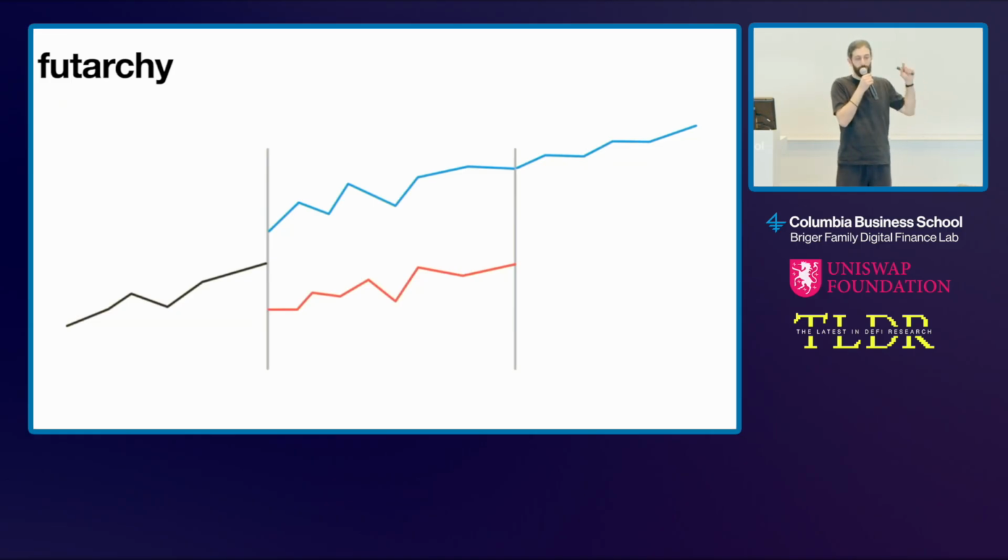And we're going to run prediction markets conditional on whether the proposal passes or whether it doesn't pass. And then, obviously, we pick the best version of the two. So that's the essential way Futarchy works.